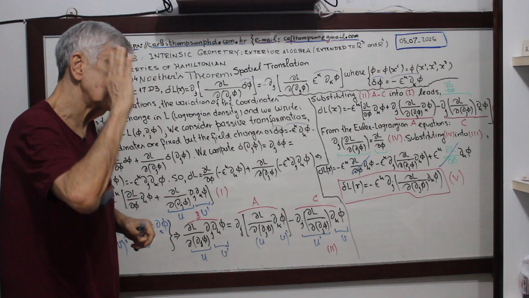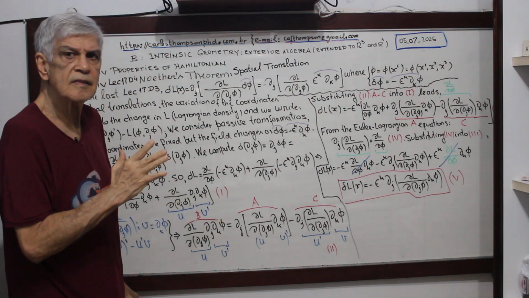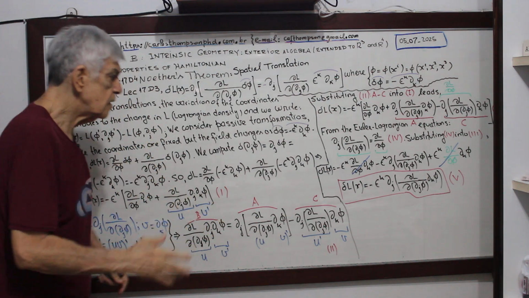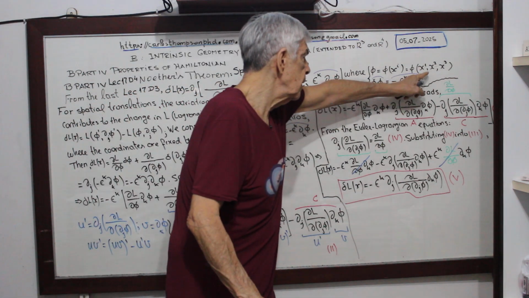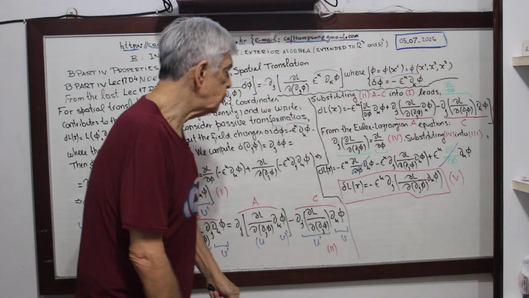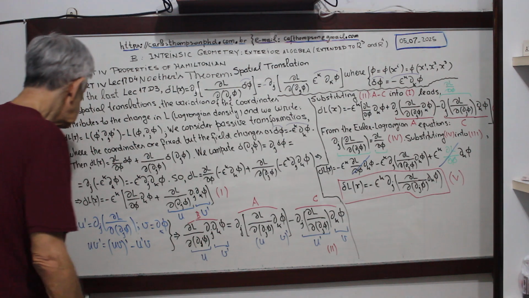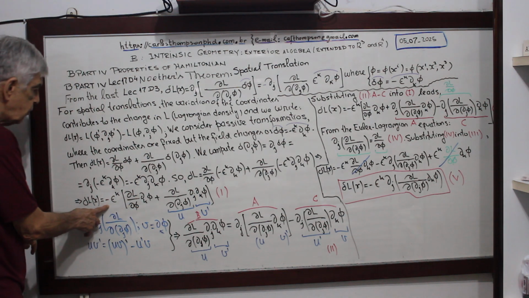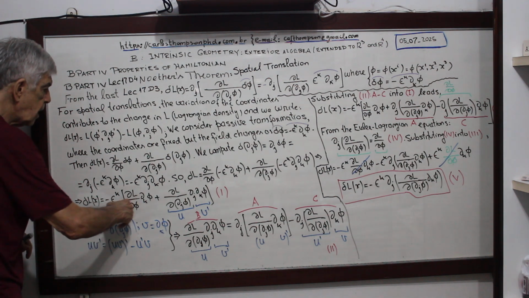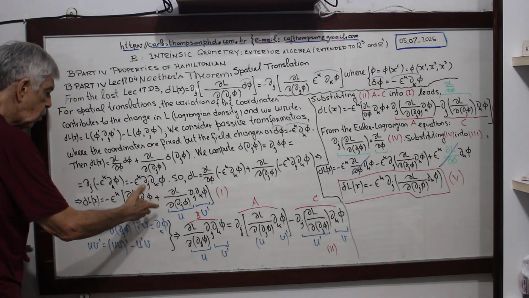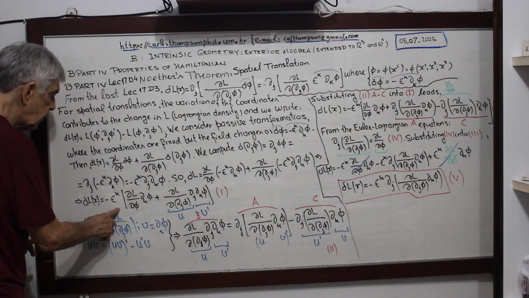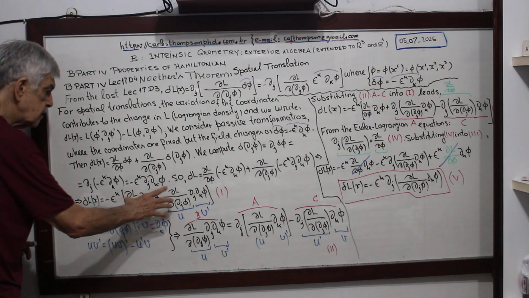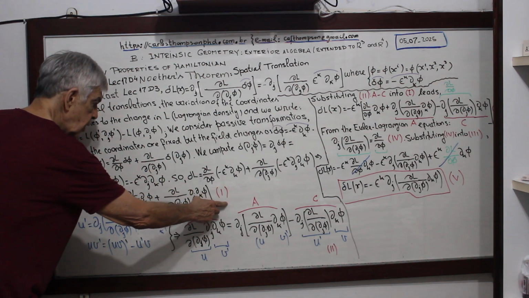I just look at the same point x: x1, x2, and x3. Then I put the minus sign over here, and I can write it in terms of epsilon k. This is relation 1.